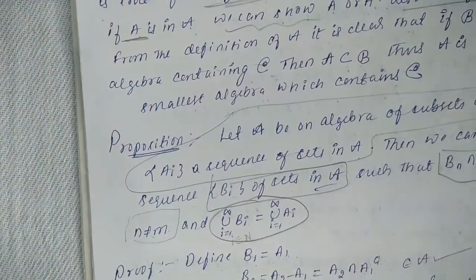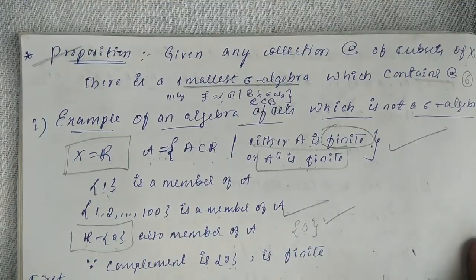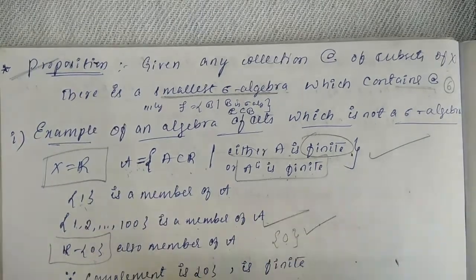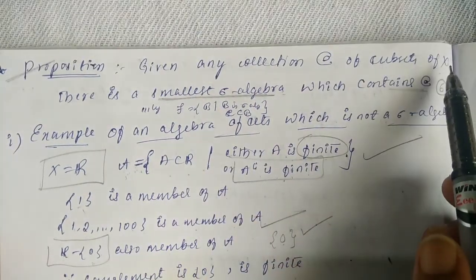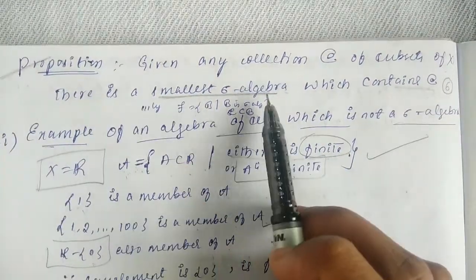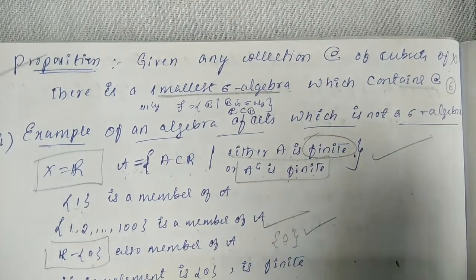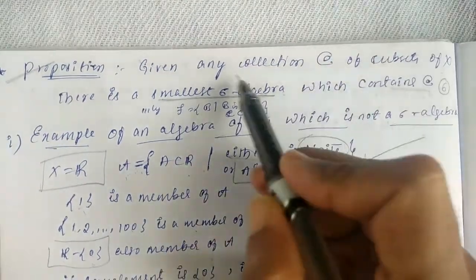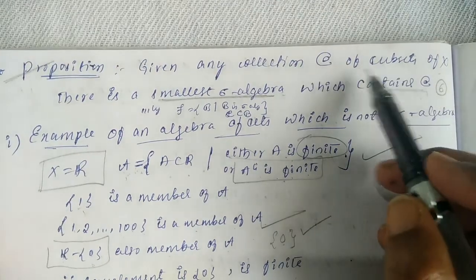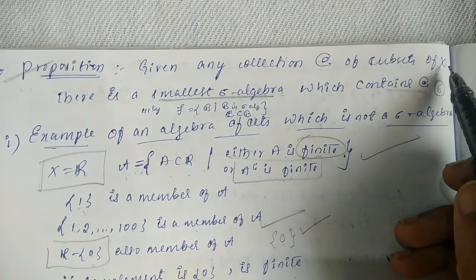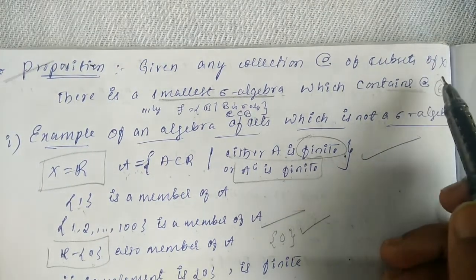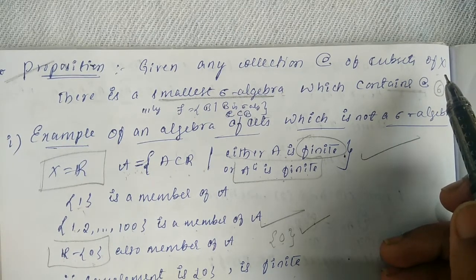This is a very important proposition for the definition of Borel set. Given any collection C of subsets of X, there is a smallest sigma algebra which contains C. Any collection C of subsets of X means, for X equal to R, subsets of R; you can take intervals, anything. It must be a subset of the set X.